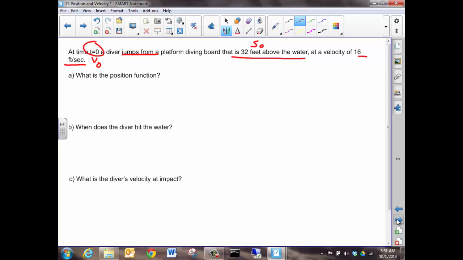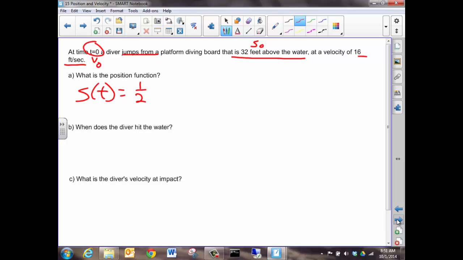So what is the position function? What is that asking for? What's my answer supposed to look like? Yeah, S of t equals something. What's my position function? It's 1/2 g t squared. What's g?